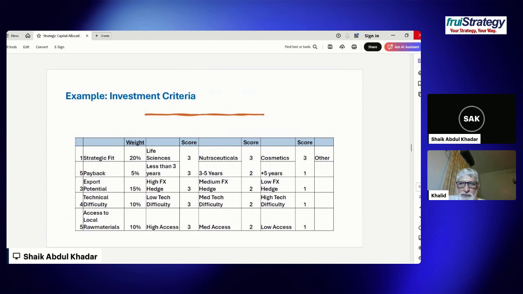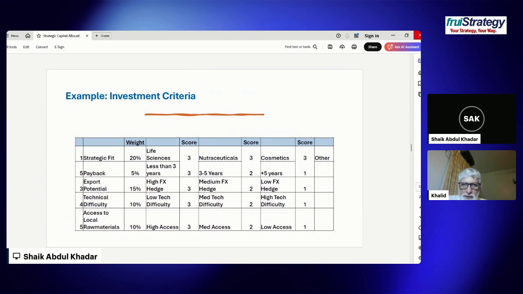For example, strategic fit for a life science project is 3. For nutraceuticals is also 3 in this case. And guess what? Some of the companies are doing cosmetic business, which kind of supplements, and I've also scored them as 3. Payback period is less than 3 years is very attractive.